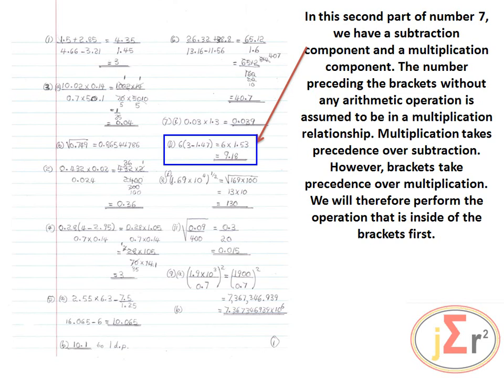We will therefore perform the operation that is inside of the brackets. First, we have subtraction inside of the brackets, 6 preceding the brackets, meaning that we are multiplying by 6. Multiplication takes precedence over subtraction, but the brackets will take precedence over the multiplication, and we will perform the operation that is inside of the brackets first.